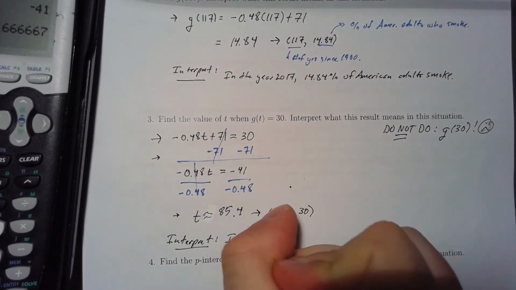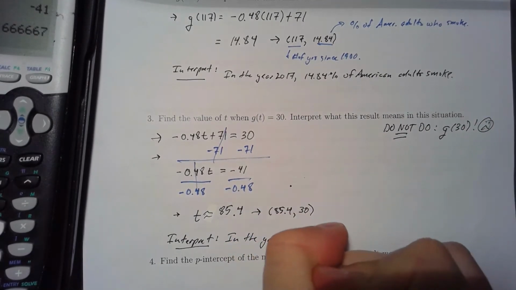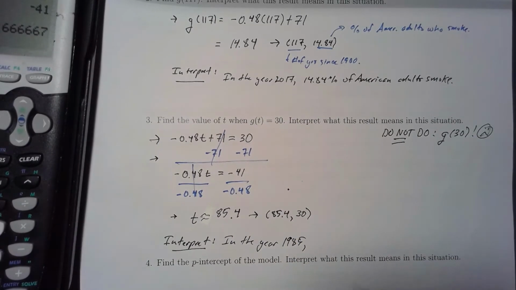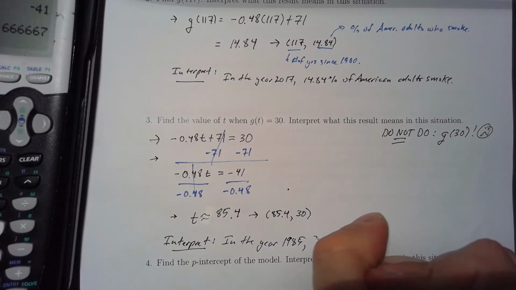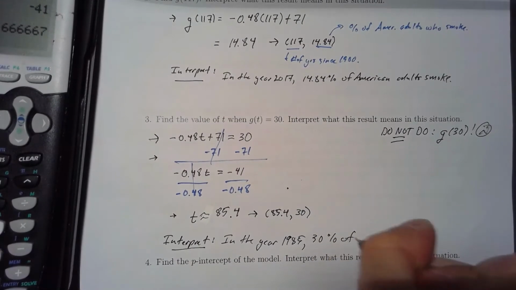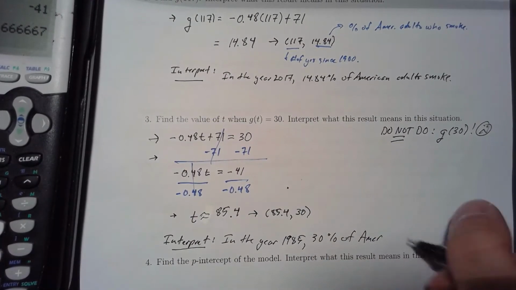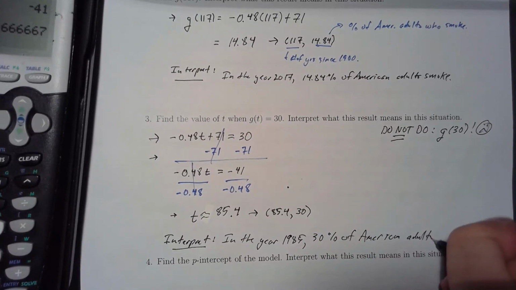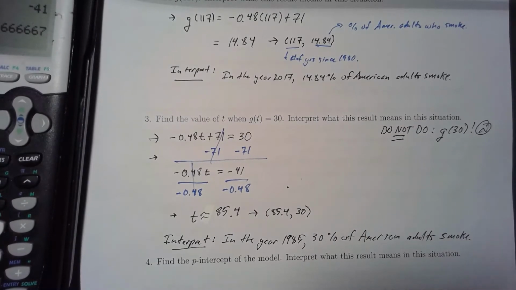So in the year 1985, 30% of American adults smoke. That's it.